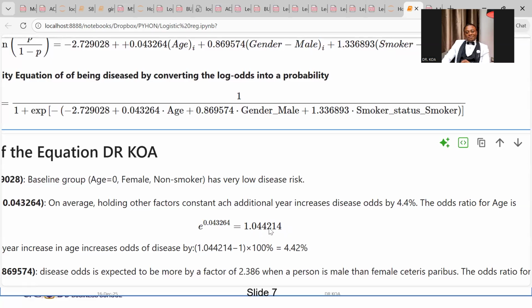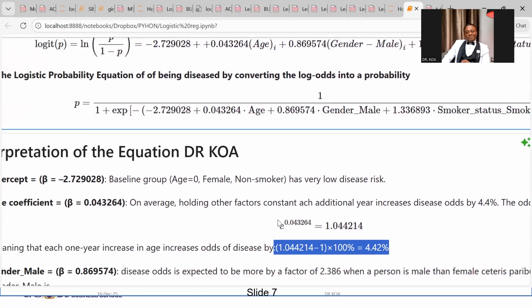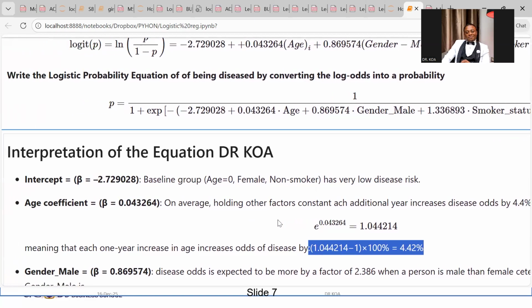So the 0.044 is multiplied by 100, and I've done the calculation down here. Now, another way of doing it is to take this value minus 1, multiply whatever you get by 100%, and you get it in percent. So every 1 year increase in age will increase the odds of the disease by 4.4%.